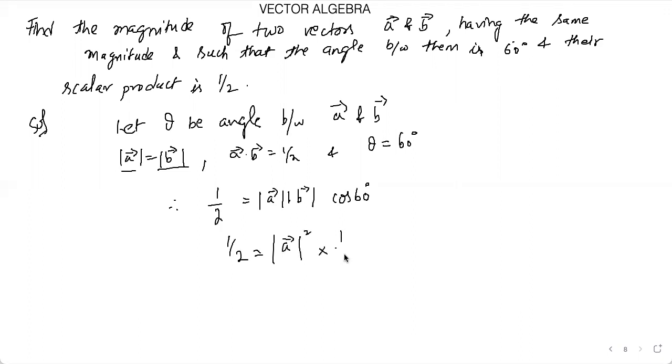Cos 60 is half, so this implies that mod A whole square is 1, or mod A is equal to 1, and also mod B is equal to 1. That's it.